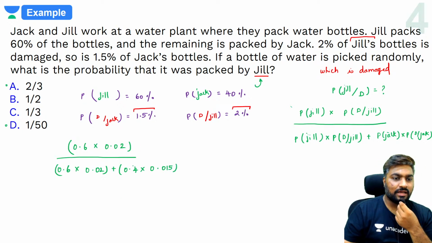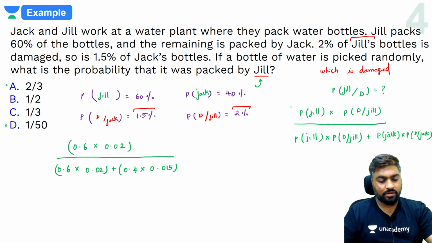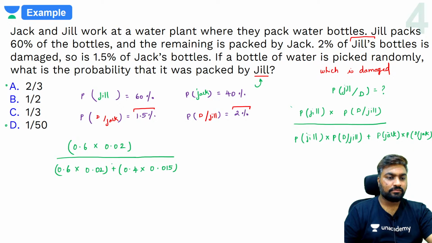It is necessary to convert this. You will have to do this calculation carefully too, because everywhere it is divided by 100, so I don't want you to mess that up. Okay, so what is 0.6 into 0.02? 0.012, because 6 into 2 is 12 and there are 3 decimal places.